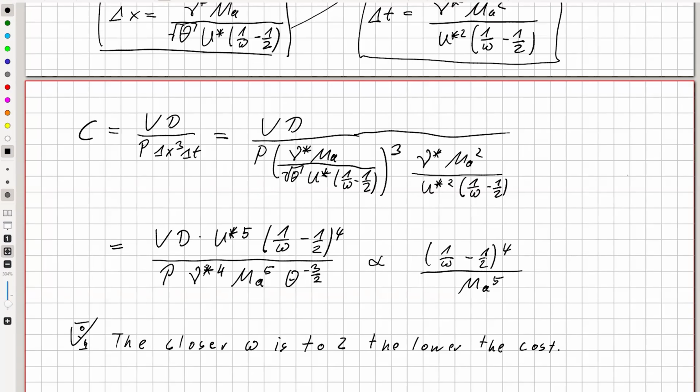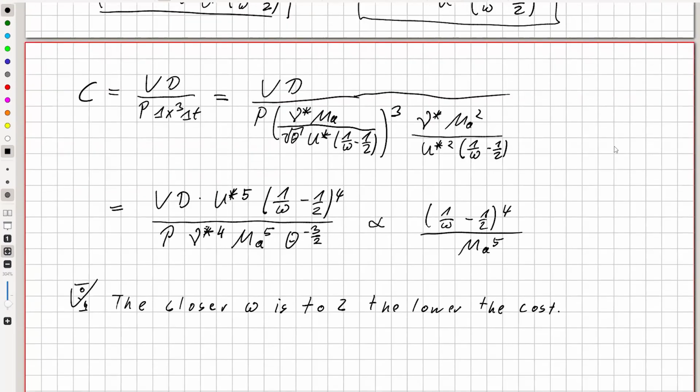Here, again, I have to remind you, we ignore that this changes the resolution, and that the resolution is also bound by the physical problem that we want to solve. If we do not resolve our problem, then we may be efficient, but we don't necessarily get the correct result. But anyway, getting closer to 2, for example with the BGK methods, helps us with gaining a lot of efficiency.